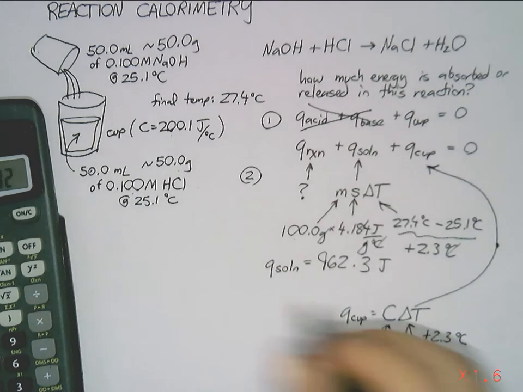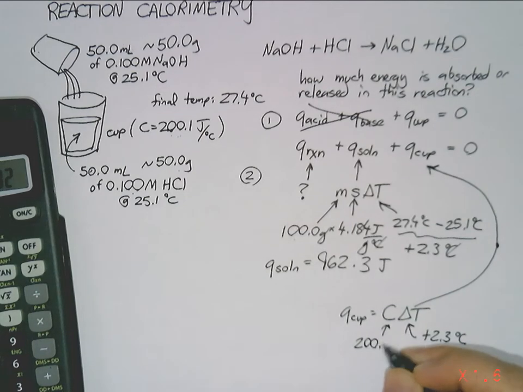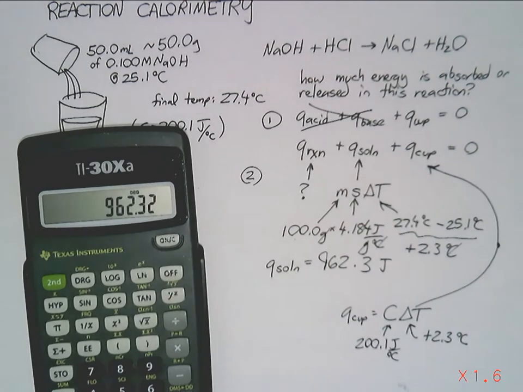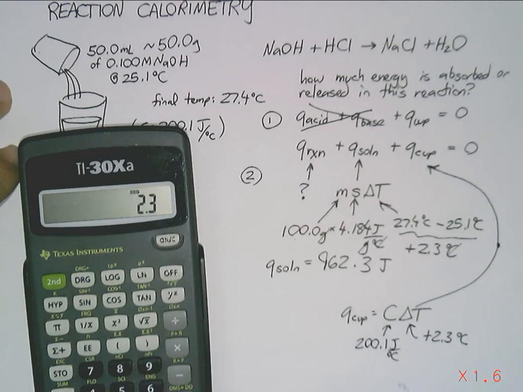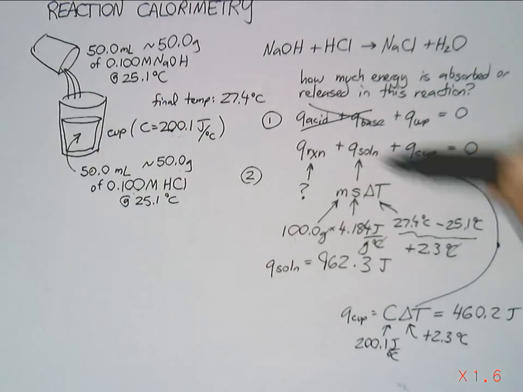And I know the heat capacity that's given, and I could have found that in a whole separate experiment. So I multiply these two things together, I'm going to get 400 point something. Let's get a number for it. I'm going to get 460.2 joules. All right, so I have a number for this and a number for that now.